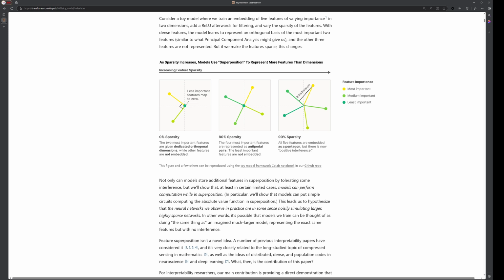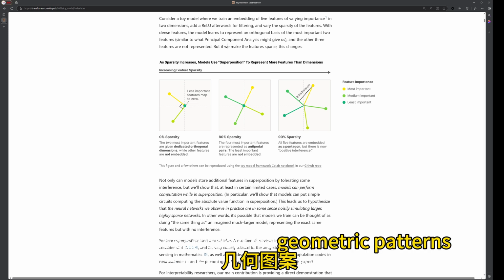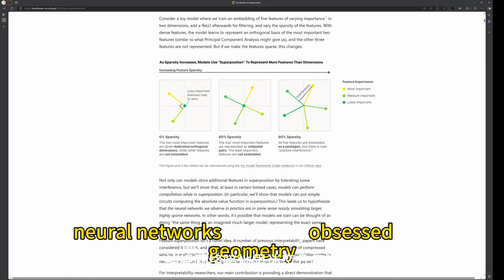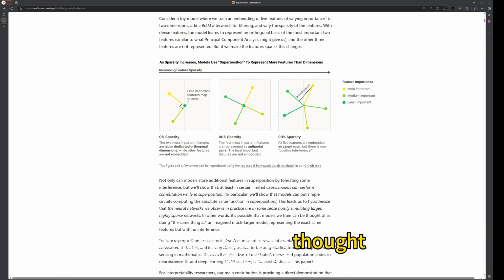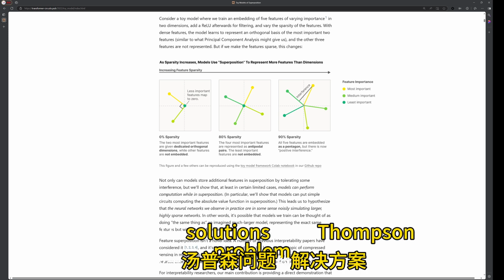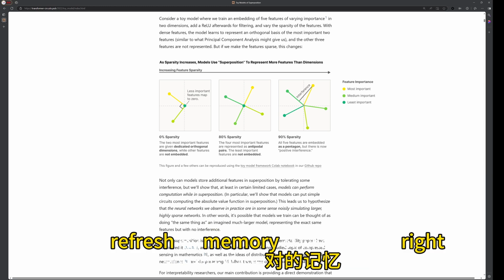So this interplay then leads to some really unexpected results. For me, at least, it was the part about the geometric patterns that emerge. It's remarkable: triangles, pentagons, tetrahedrons. It's like neural networks are secretly obsessed with geometry. Who would have thought? And the fact that these patterns correspond to solutions to the Thomson problem, which I had to go and refresh my memory on.